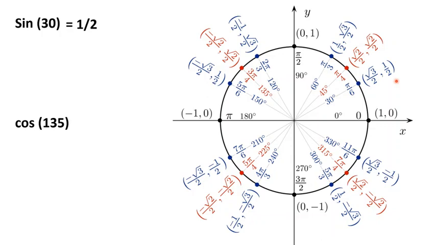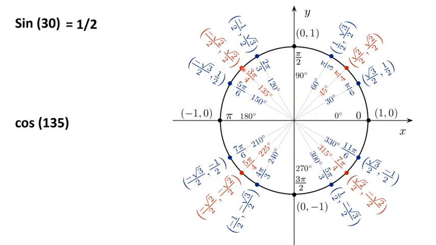Next, cosine 135. Baka kasi mamaya hindi nyo nakuha agad yung sa sine theta, so let's have another example. Cosine 135. Again, we just have first to identify the equivalent. Kapag cosine theta, that is equal to x value or x coordinate ng given angle. Next, we need to look for 135. So 135 is here. Ngayon, ang point niyan ay ito po.